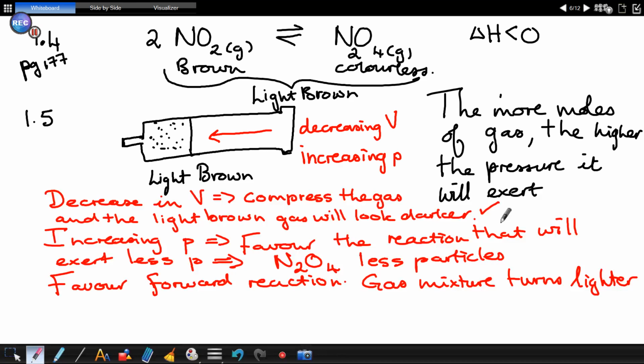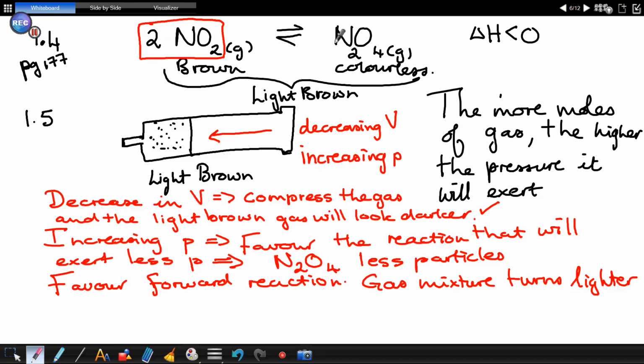Our forward reaction is from nitrogen dioxide to dinitrogen tetraoxide. Exactly. So now we're increasing the pressure. Increasing the pressure will put the 2 moles of nitrogen dioxide under stress.